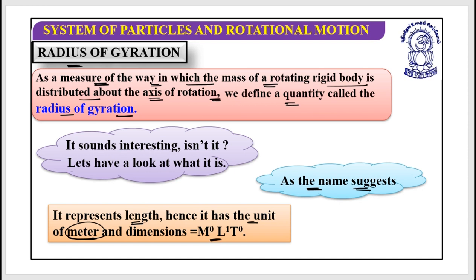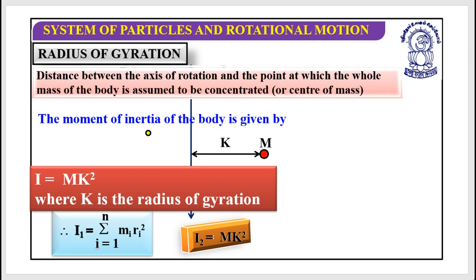The definition is quite confusing: what is gyration and why use it? Let's have a look. Let's suppose this is object M and this is my rotational axis. The distance between the rotational axis and this object is k. So it's the distance between the axis of rotation and the point at which the whole mass of the body is assumed to be concentrated.